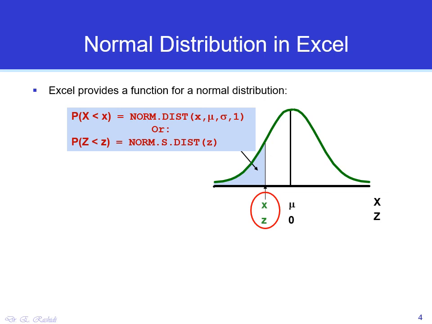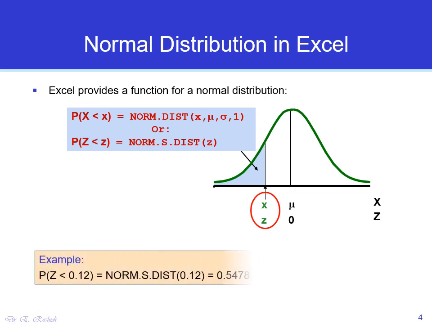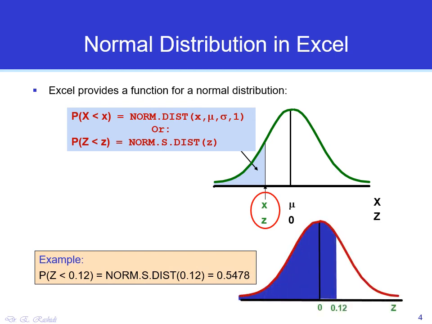So let's actually solve the problem here. Suppose that we want to find the probability that z is less than 0.12.